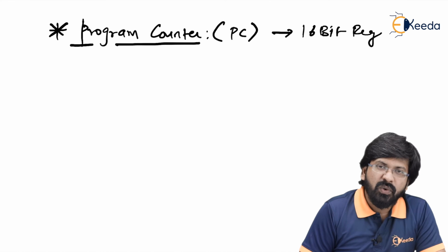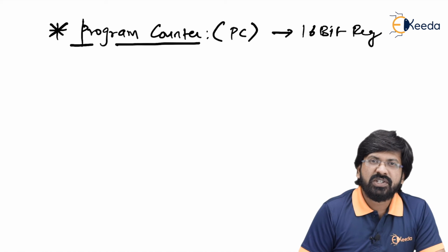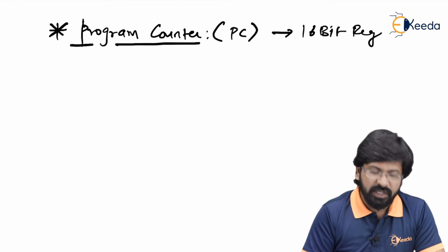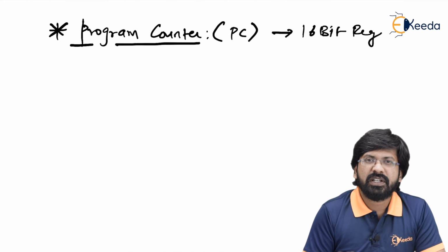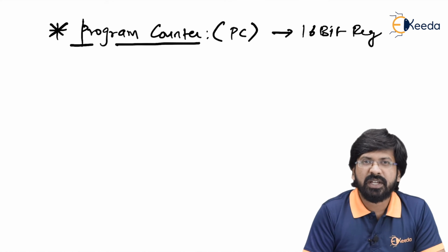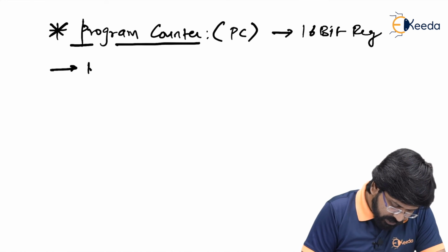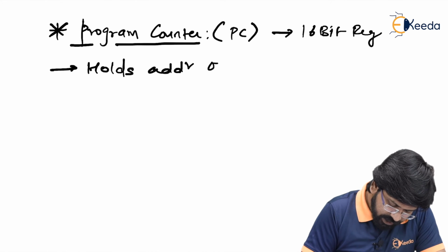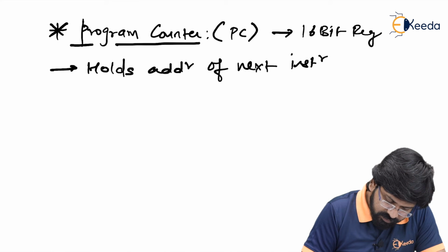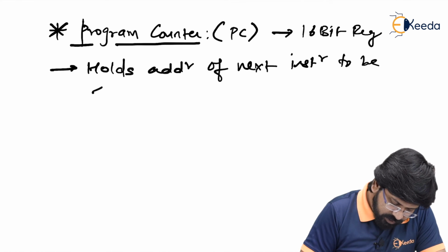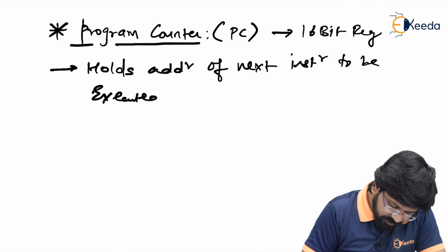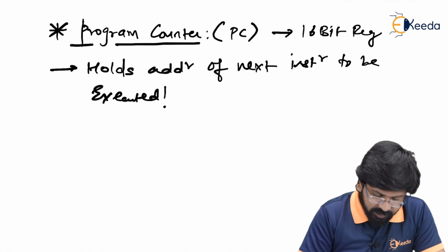It is a 16-bit register which holds the address of the instruction which is to be executed, or the address of the next instruction to be executed. Now what is meant by this?